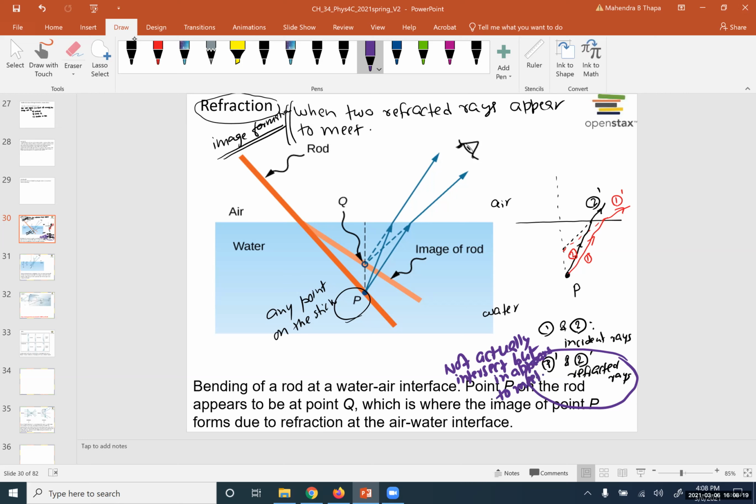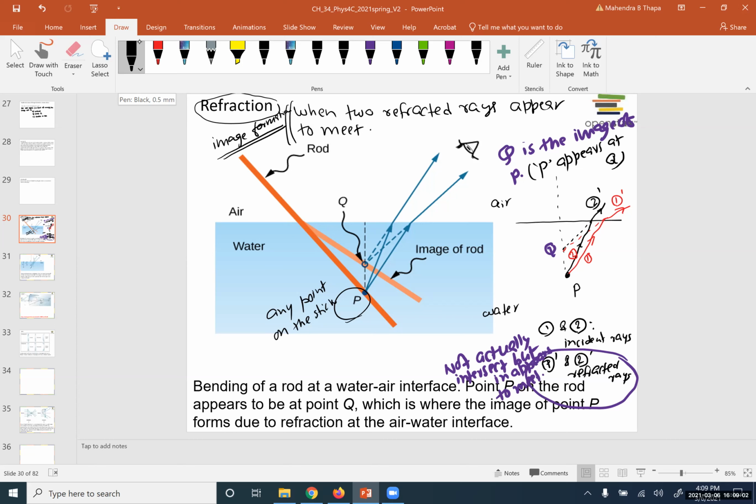In this picture, it appears to meet at Q. So point P appears at Q. This means Q is the image of P. That gives the idea that P appears at Q. That's the reason the stick appears to be bent when it is kept underwater.